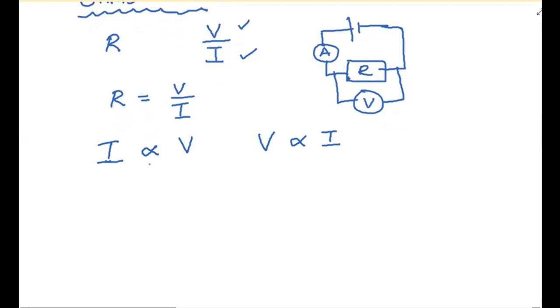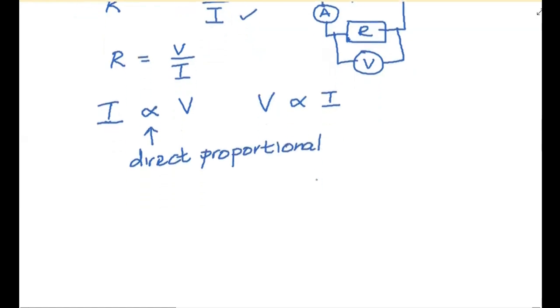So a reminder about this concept of direct proportion. You are now in the second year of your FET maths. You are starting to see more and more in science that your maths is becoming incredibly important.